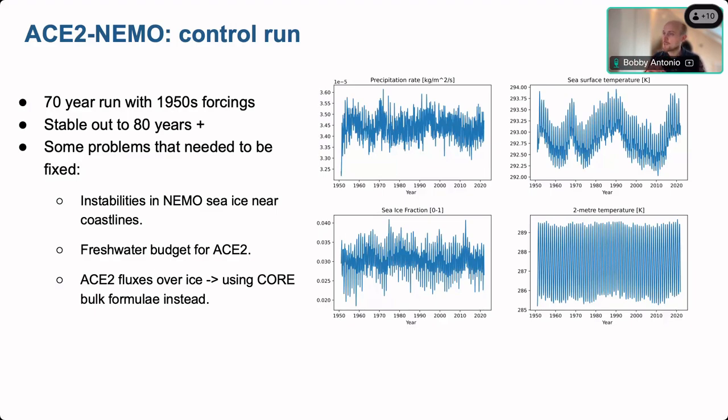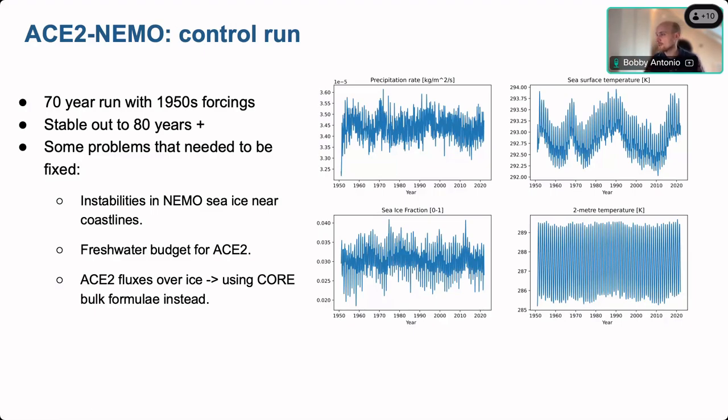ACE2 has a bit of a problem with freshwater budget over long time scales, so we had to impose in NEMO that evaporation minus precipitation minus runoff is conserved. And there are some funny things going on with ACE2 fluxes over ice, so we had to switch to using the CORE bulk formula to calculate those fluxes over ice. I'm still looking into how we can improve those fluxes.